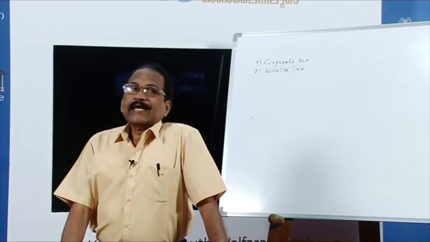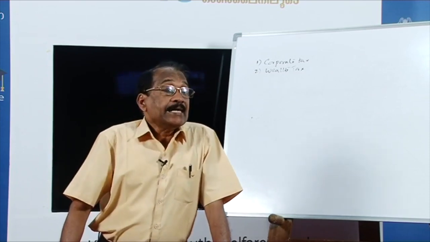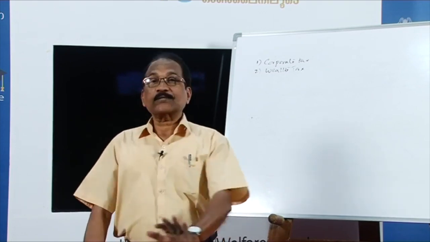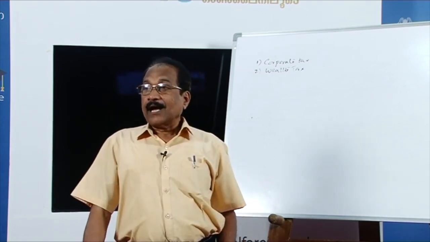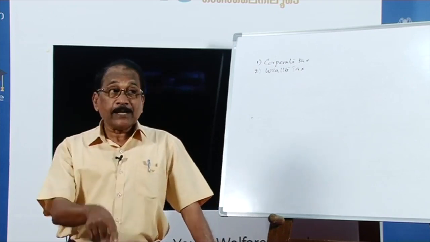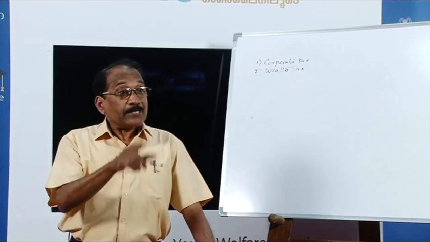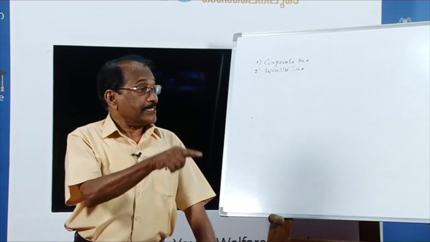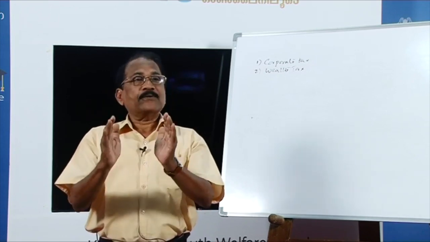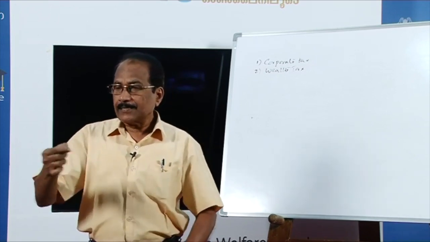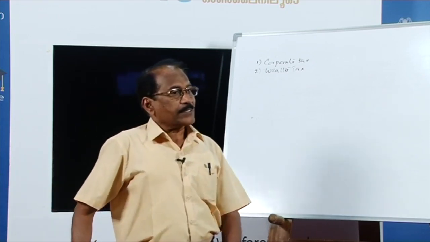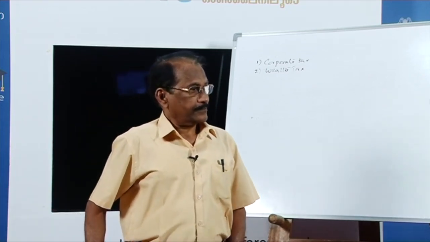But they have to pay an additional 10% tax on tax, which is called surcharge. Now, that additional 10% is to be paid on what? Is it on income? No. The 30% income tax, whatever that amount is, on that amount an additional 10% super tax is paid. That super tax is what is known as surcharge.